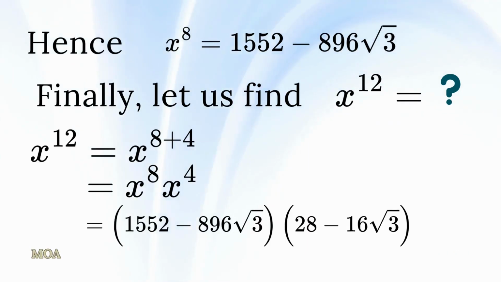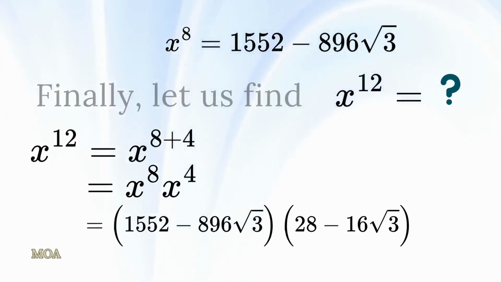Finally, let us calculate x to the power of 12. Using the property that x to the power of 12 equals x to the power of 8 times x to the power of 4, we multiply these two previous results.